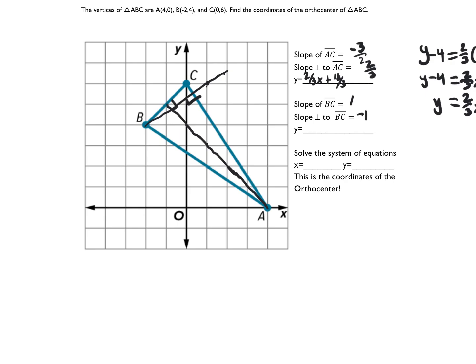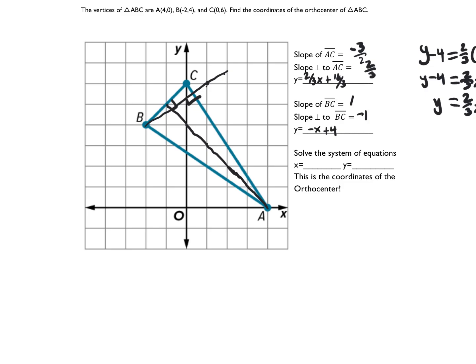Well, actually, I don't have to do any algebra for this one because I can see from the graph that the y-intercept is 4. So my slope is negative 1, y-intercept is 4. So that is the equation of that graph.